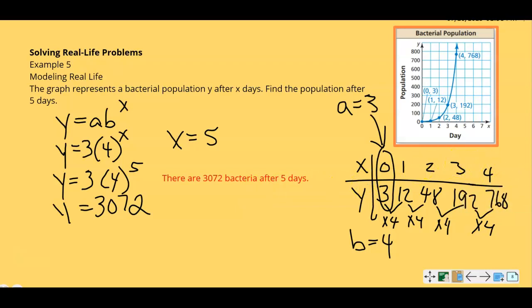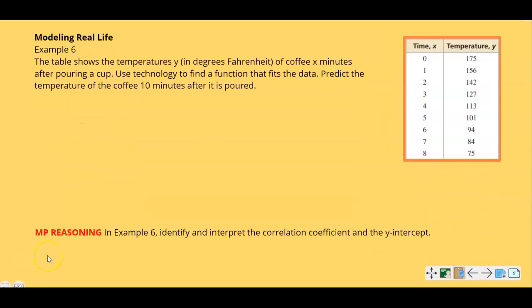So there are 3,072 bacteria after 5 days. So when x is 5, the y value is 3,072. All right, make sure we answered all the questions. The graph represents bacterial population y after x days. Find the population after 5 days. So that was the only question. So we can conclude that we are done.